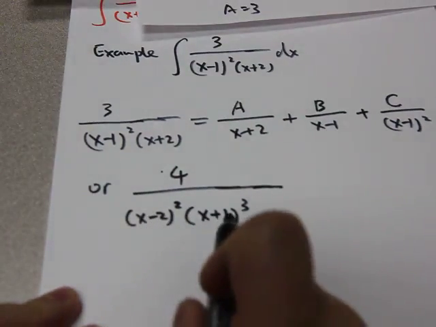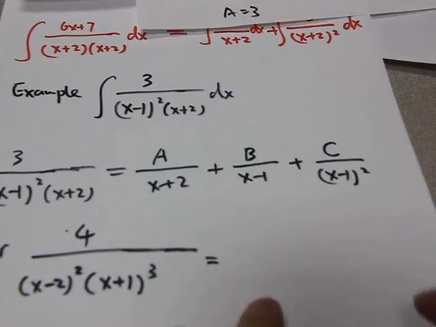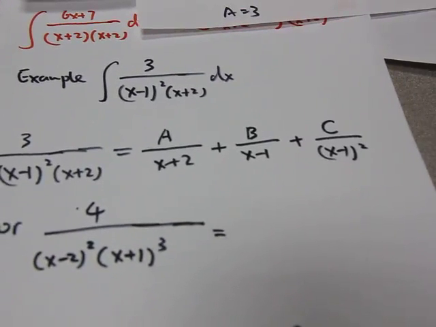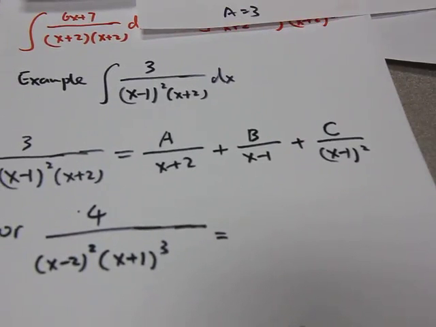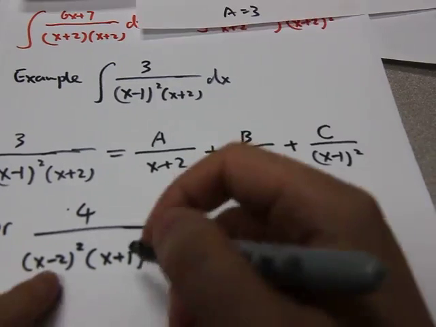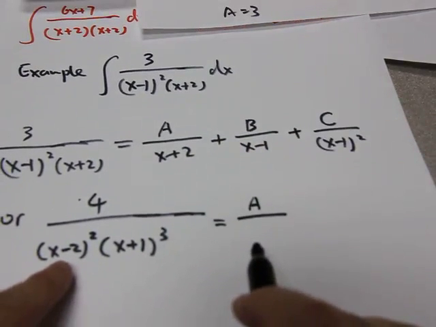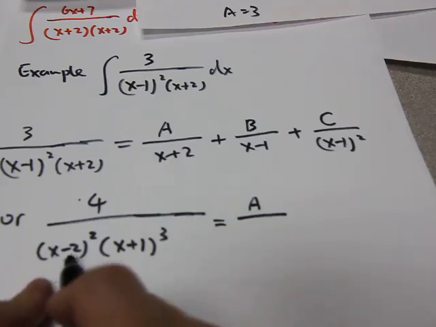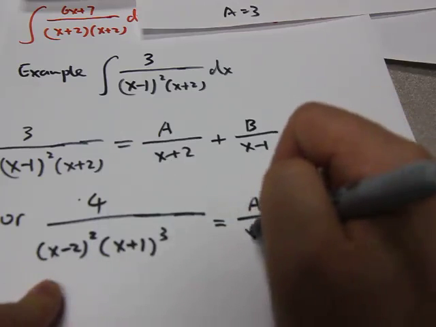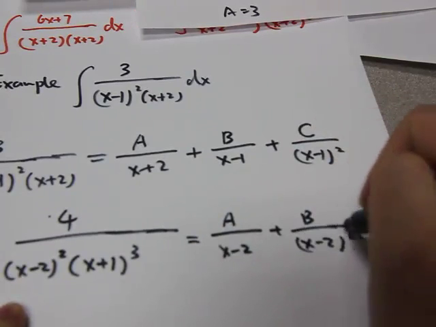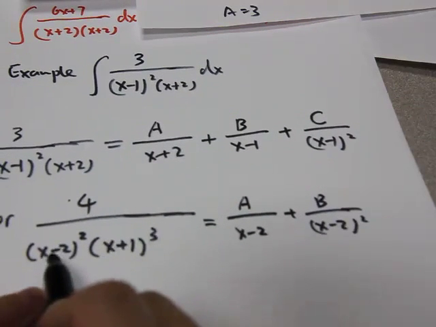these two repeated factors? So in total, how many fractions do we need? Can you see how many fractions we need? We're going to need a total of 5 fractions, right? So the first two fractions are working for this factor: A over (x - 2) plus B over (x - 2) squared, right?